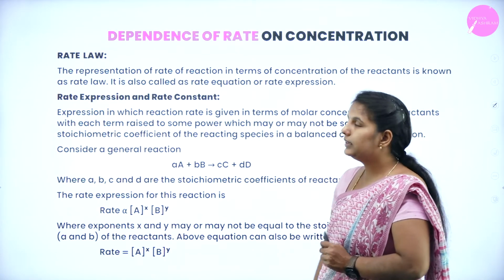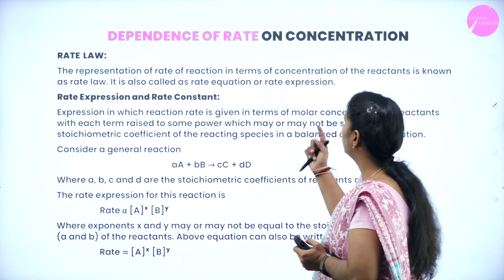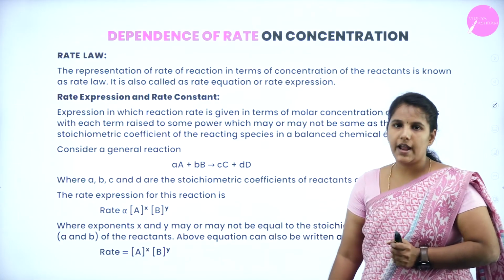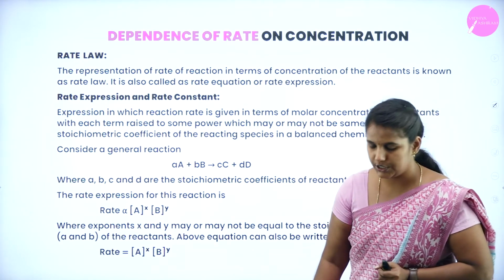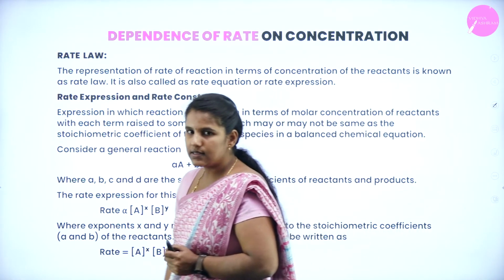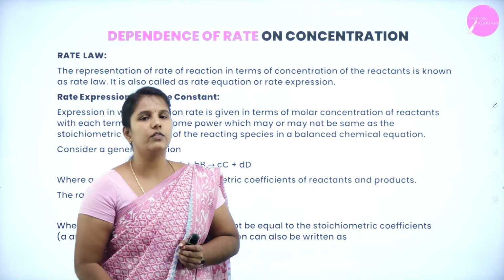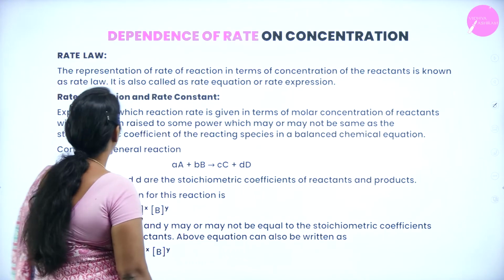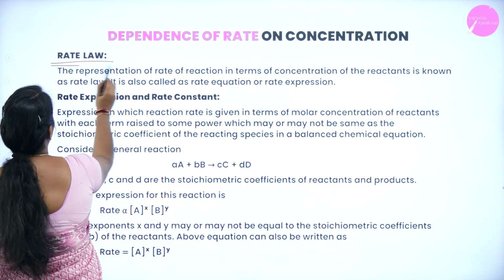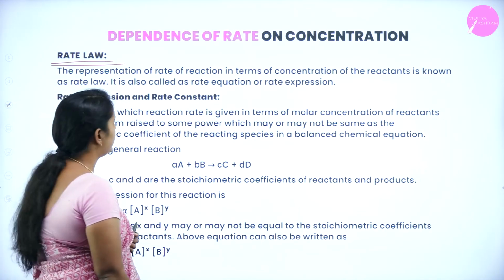Next we will see the dependence of the rate of the reaction on the concentration. Now I will consider only the concentration. How does it depend on the rate of the reaction? Let us understand now. First, for that we need to understand what a rate law is.